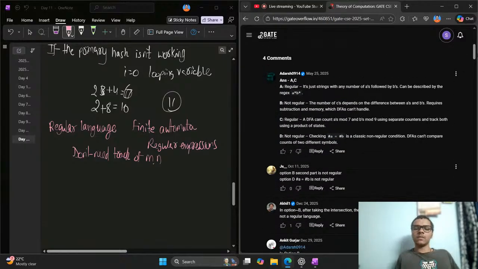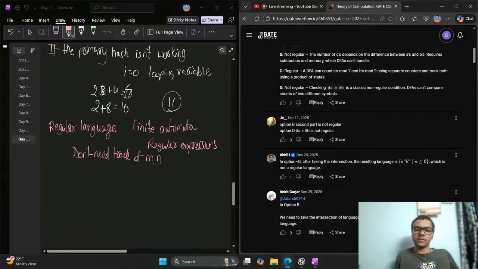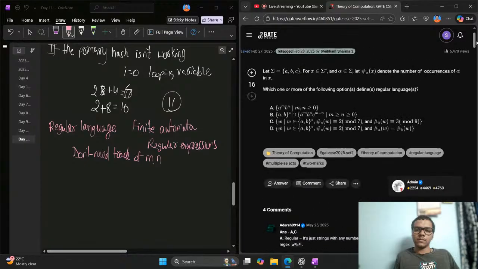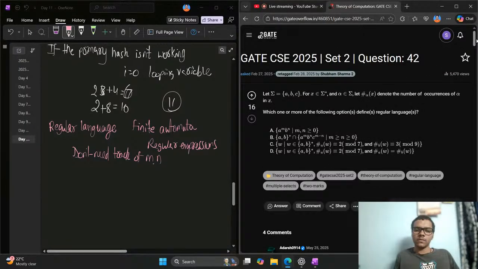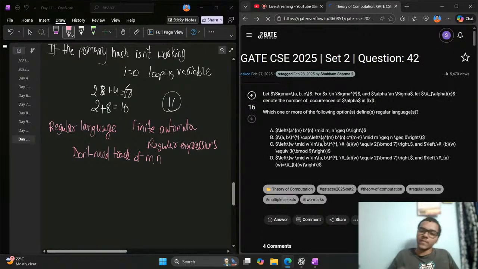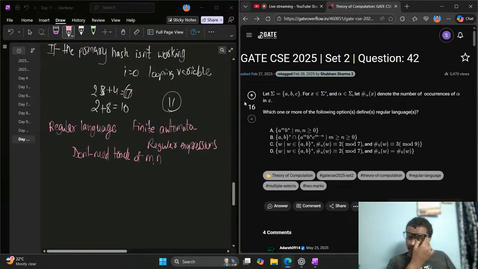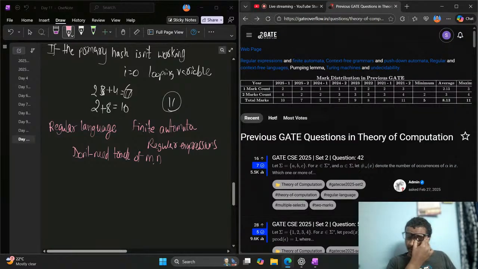DFA cannot compare counts of two different symbols. Right. So you just need a bit of theory for that one.